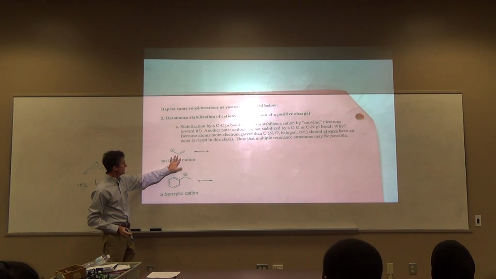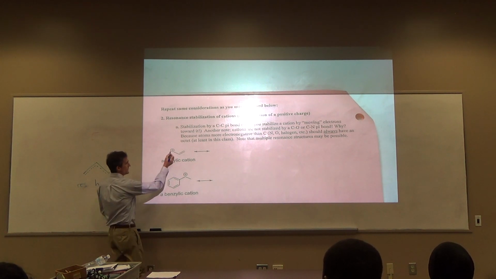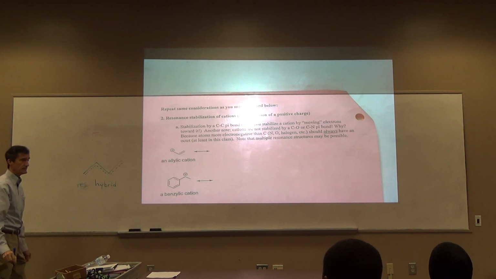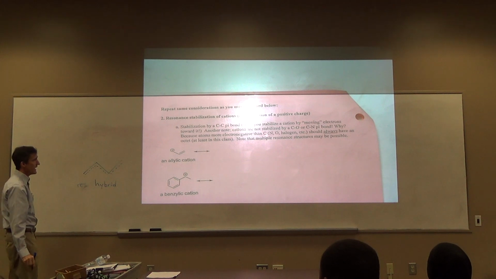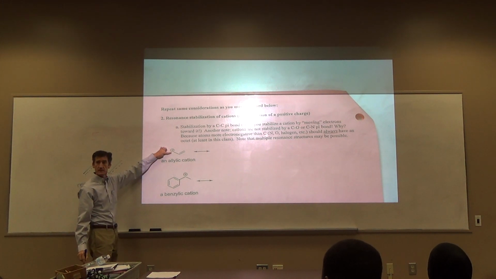This is a simple molecule. You'll see a structure that's in many different systems. It's called an allylic cation. It's when you have a carbocation next to an alkene. Okay. And this cation, it looks like a primary carbocation.